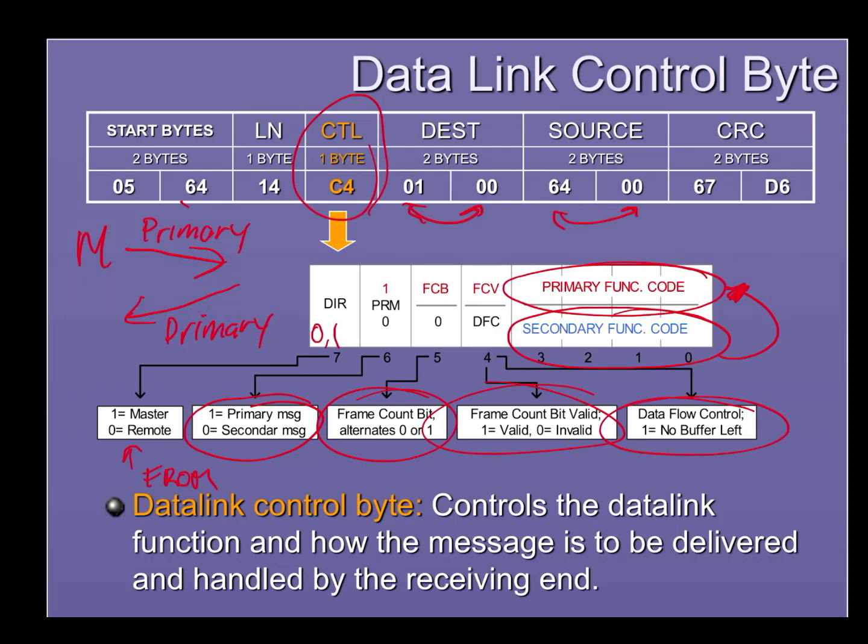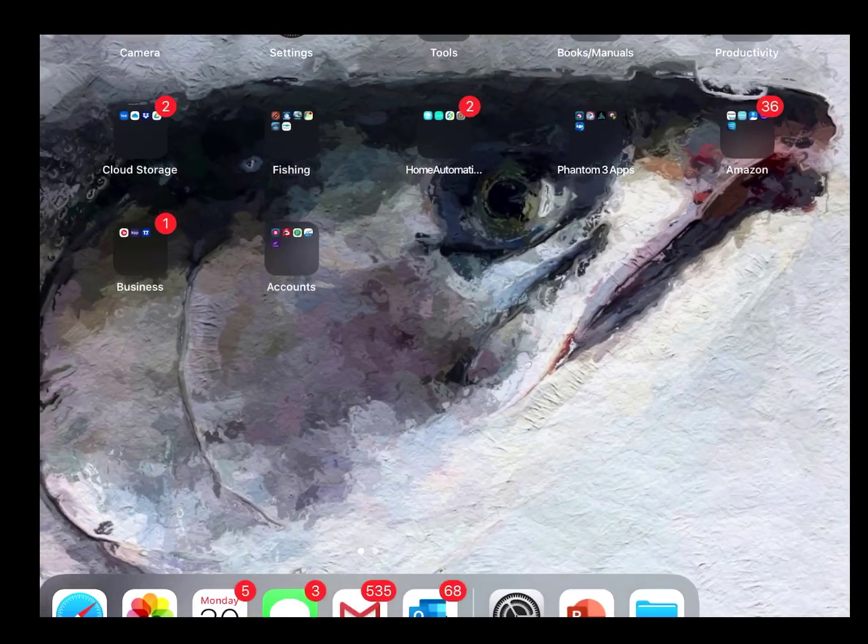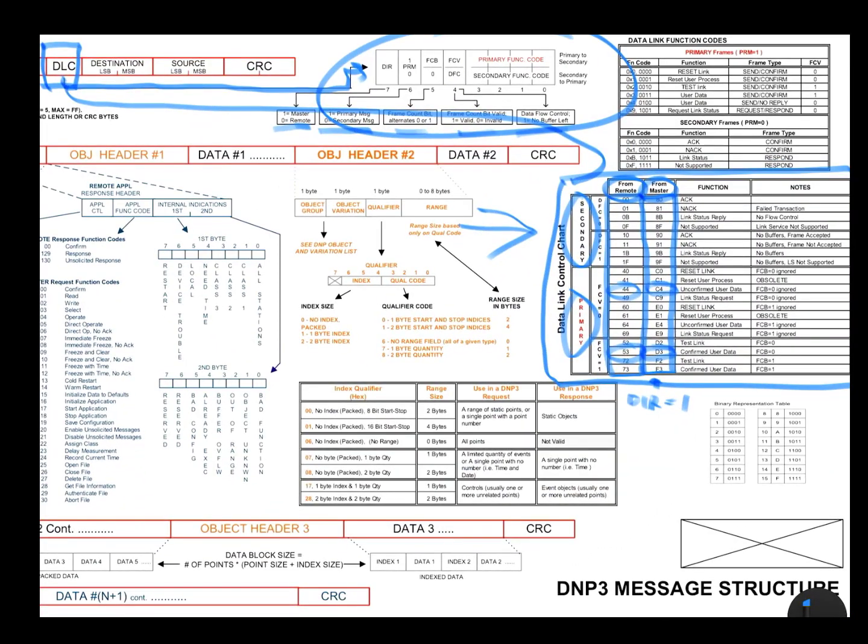Essentially, we're not going to get into a bunch of detail on all that. If you ever wanted to know specifically whether that FCB bit was 0 or 1 and the data flow control value, you can simply go back to that table. I'm going to show you what I mean.